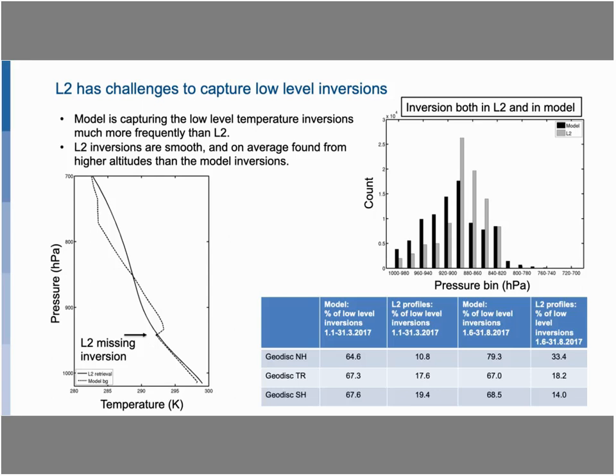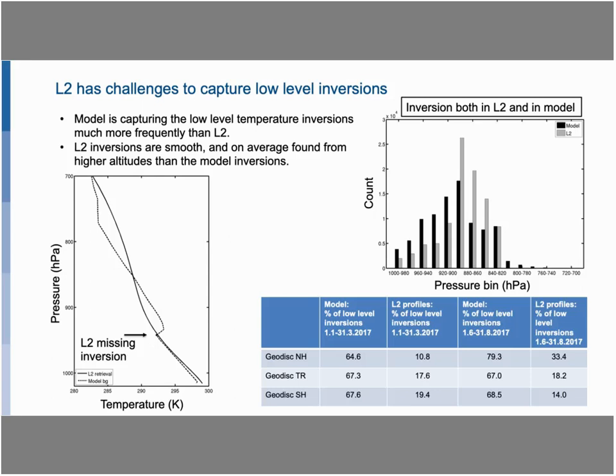And the histogram above the table is showing the distribution of the inversion height if they are present both in the level 2 retrievals and in the model. So the conclusion from here is that if there is an inversion in the retrieval, it is on average at higher levels than in the model.